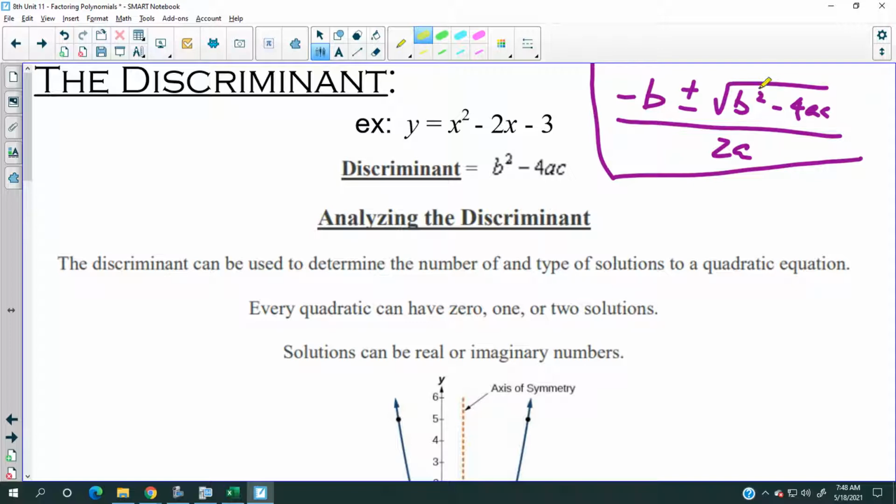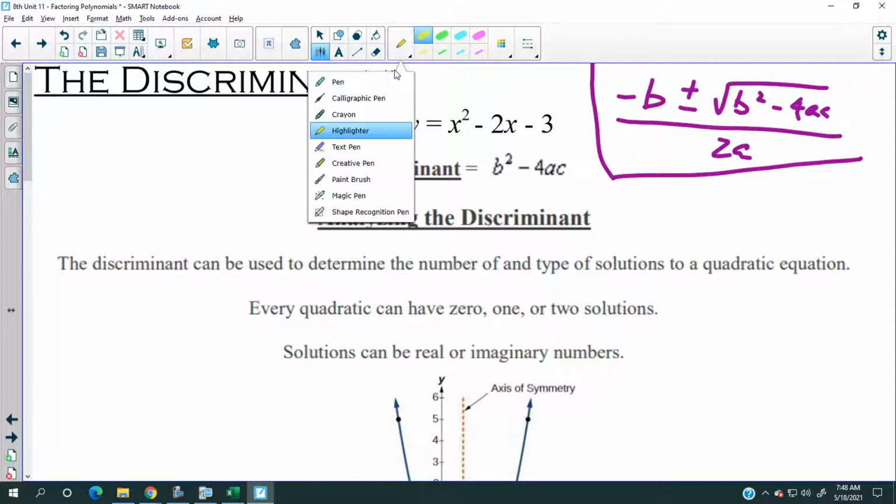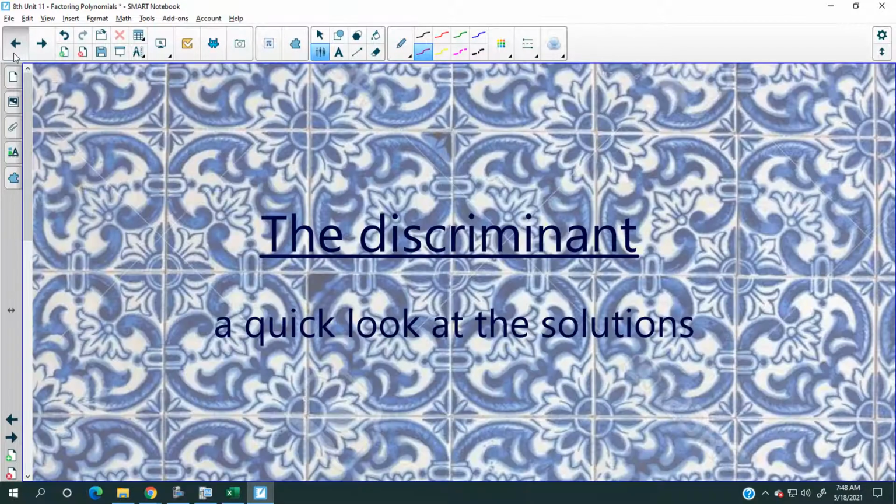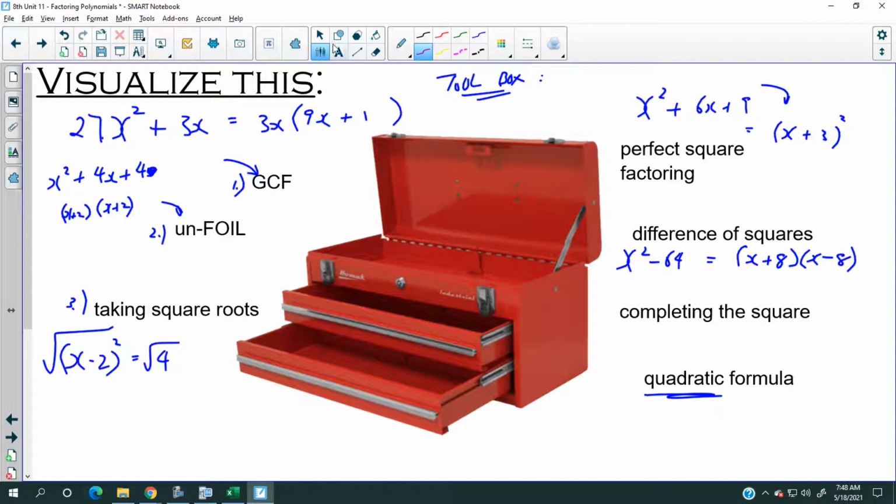Another thing about the quadratic formula is that it's a last resort for us to solve for a pair of solutions. You know how when we were factoring a trinomial, let me go back. Remember there are times when you cannot factor this.